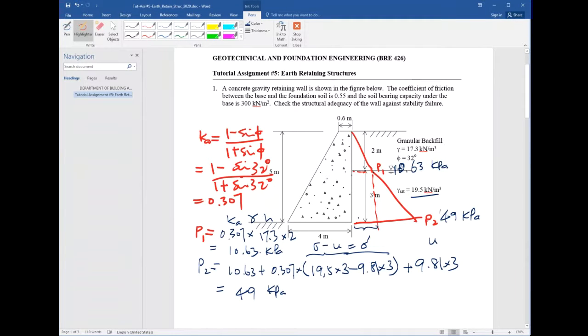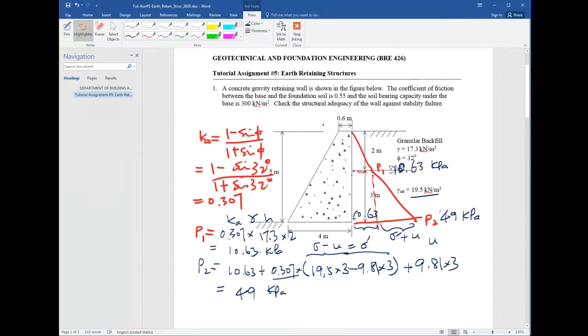Okay? So that is sigma dash plus U, right? You have to work out the effective stress first, right? And then times the Ka. And then you have to add the water pressure here. So it gives you 49.